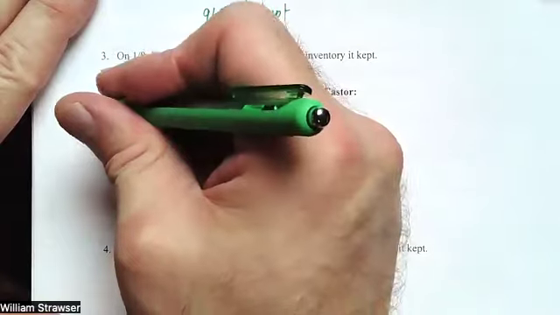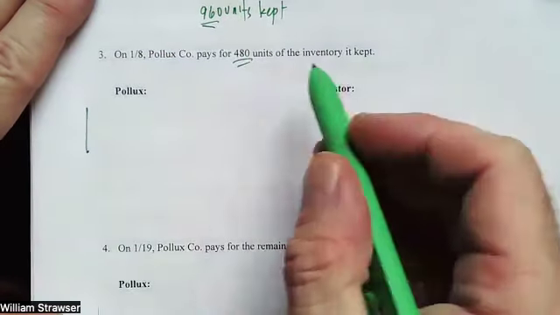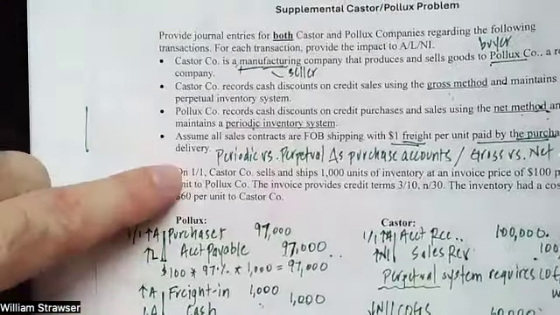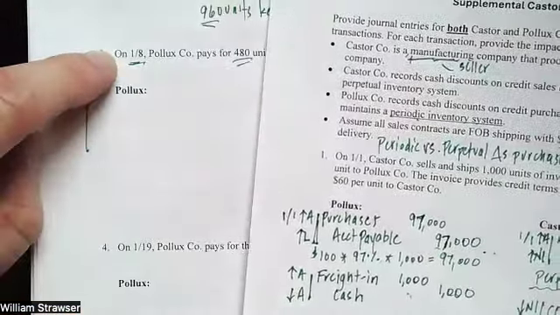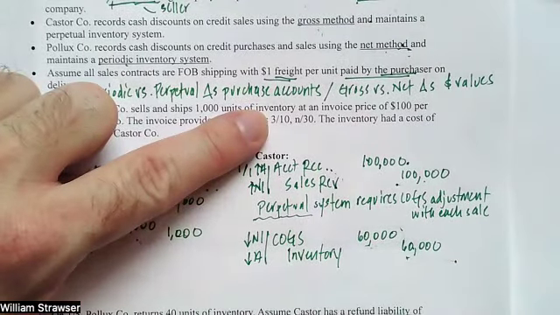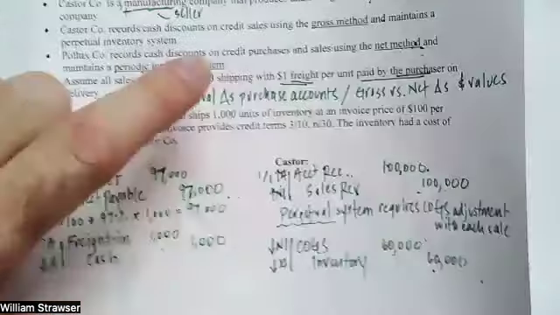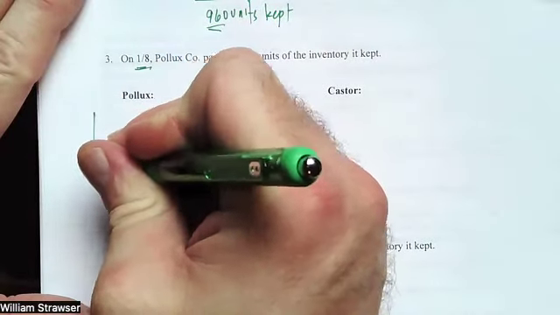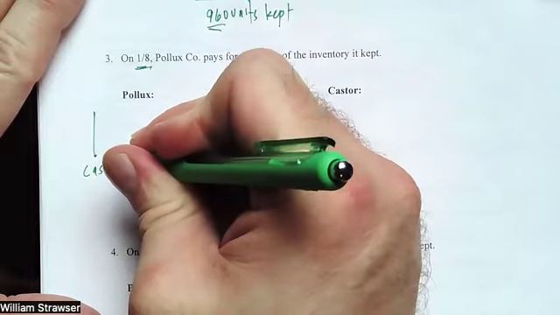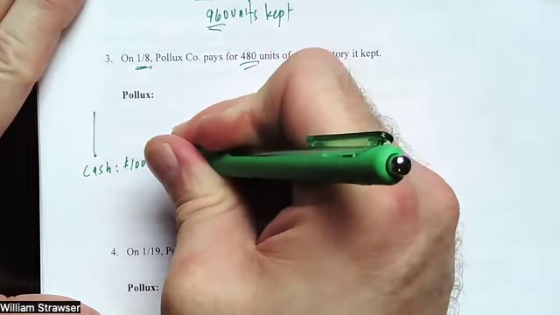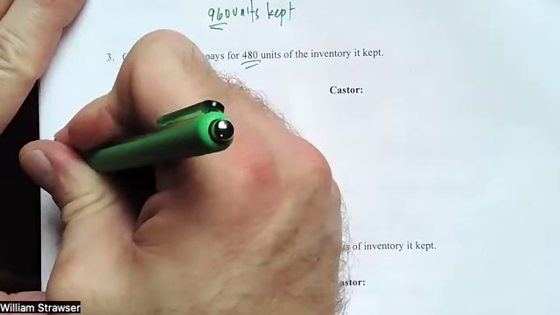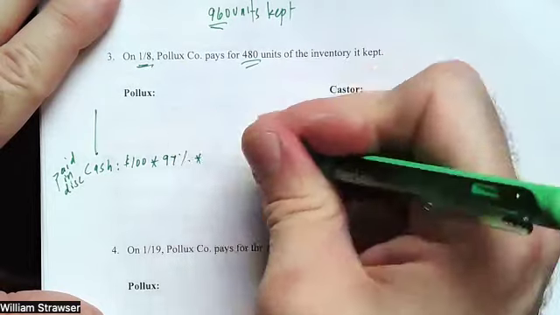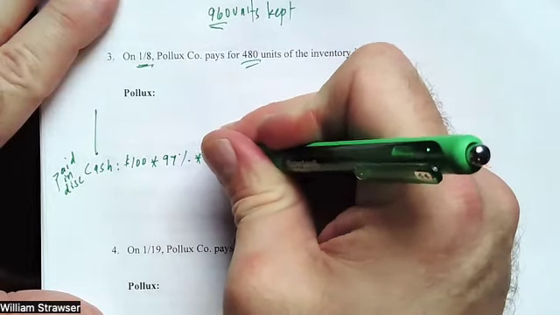So if Pollux is paying for that now, and we're on 1/8, right? We purchased it on 1/1. We're 7 days after that purchase date. That means that we're within the discount window. So we get the 3% discount. So the amount of cash I pay is going to be the $100 times 97% because we paid in discount, times the number of units it paid for.